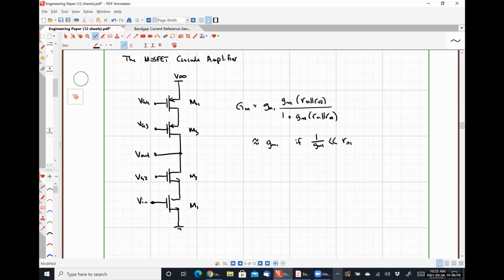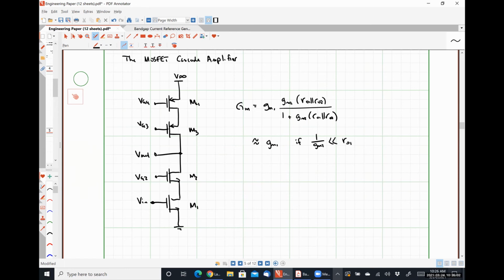We have to make a condition here, and it's because in a MOSFET transistor, the designer can choose the widths and the lengths of the transistor's channel, which will directly influence the size of the transconductance as well as the size of the channel length modulation coefficient, right? So we don't have the guarantee that we had previously where the transconductances were going to be roughly equal and the early voltages were going to be exactly equal when we deal with MOSFETs. So it's only going to look like GM1 under this particular condition.